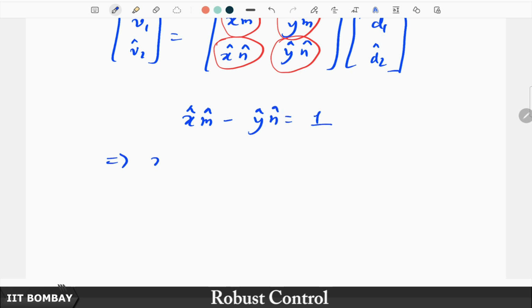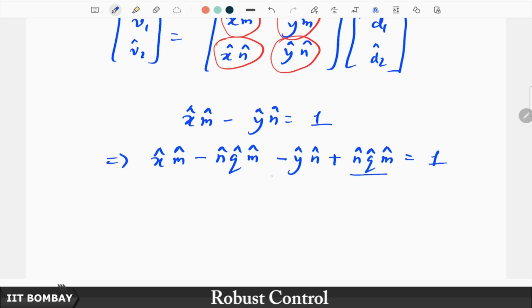What I am going to do is add and subtract a common quantity. I have just added and subtracted this thing in common, nothing special, right, no big deal.